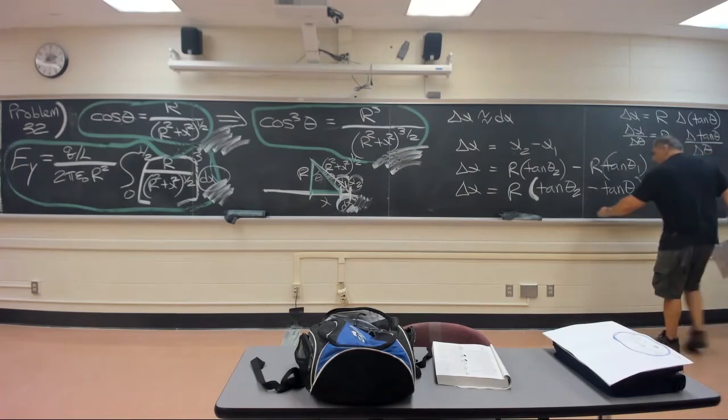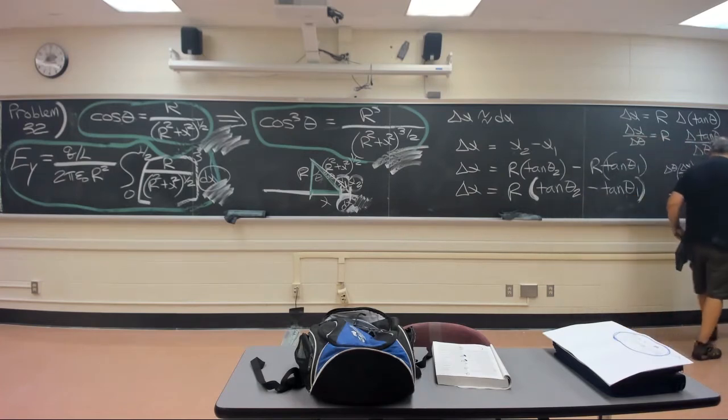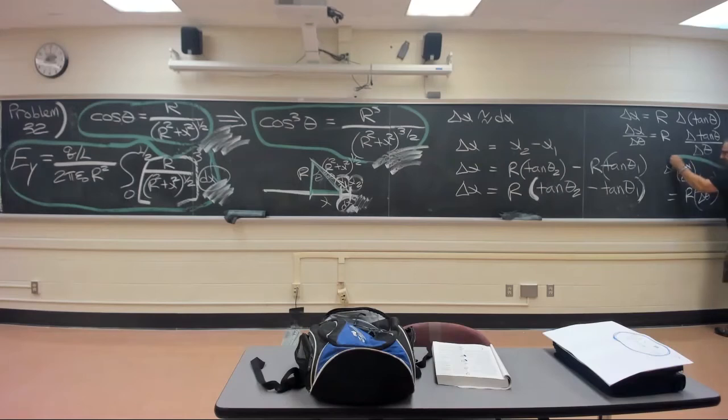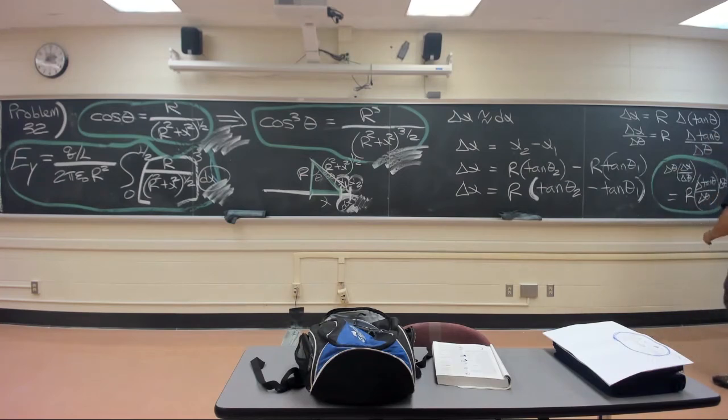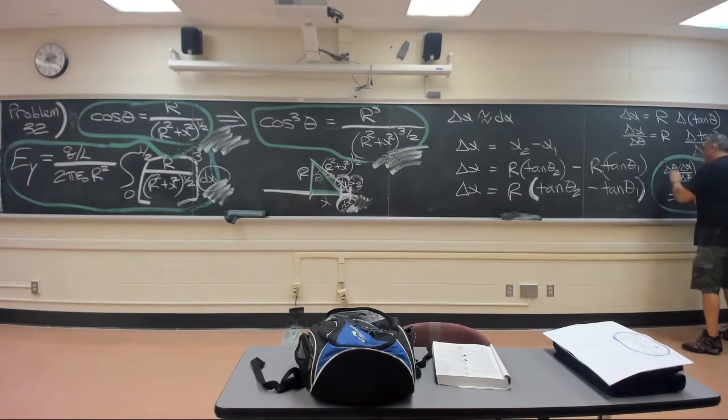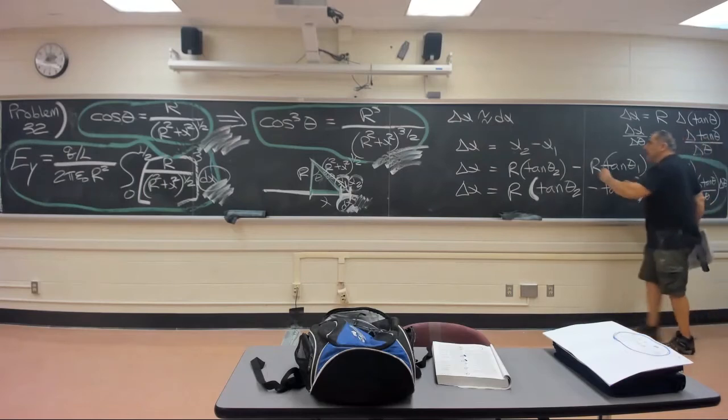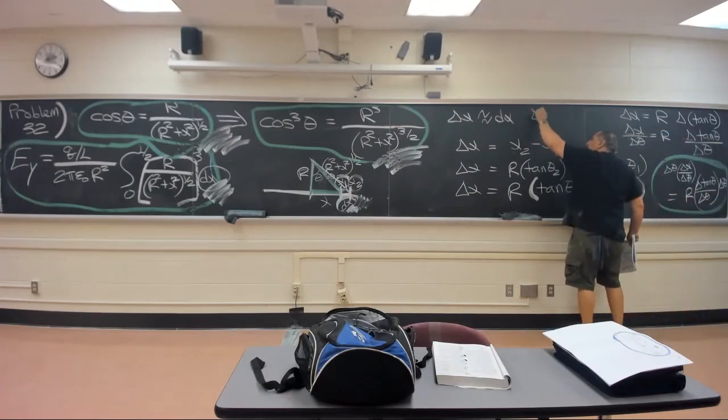What's going on here? What just happened here? Delta theta times delta x over delta theta is delta x.